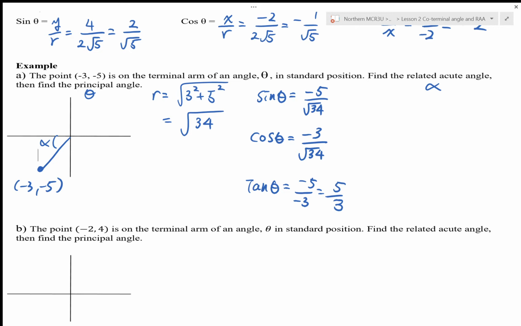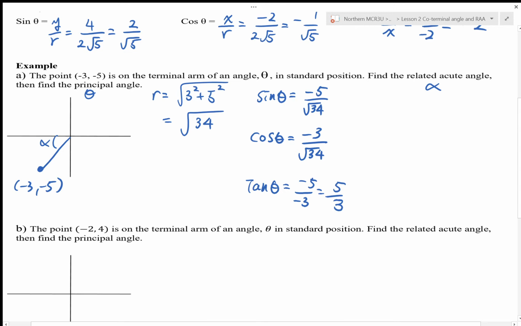In this case, it is easier for you to use the ratio that is positive, because from time to time, when you use a negative ratio with your calculator to find the angle, depending on the ratio, sometimes it gives you a negative angle, sometimes an obtuse angle, and so on. So it's easier to use a positive ratio to find the related acute angle.